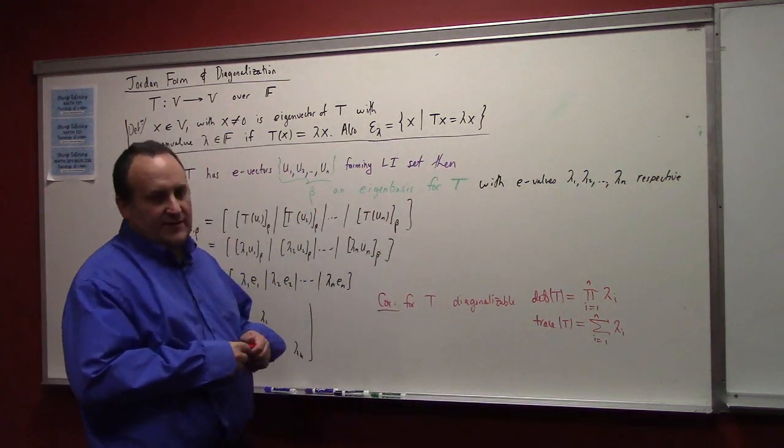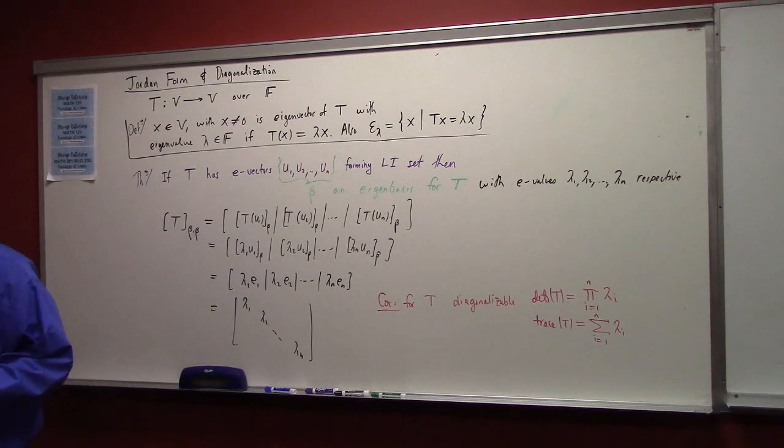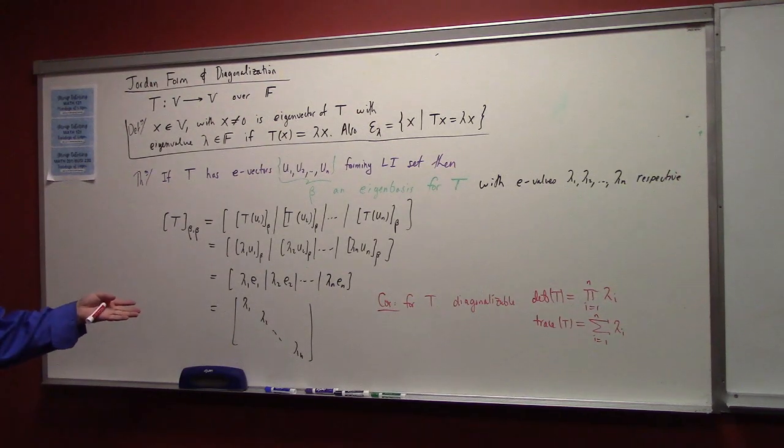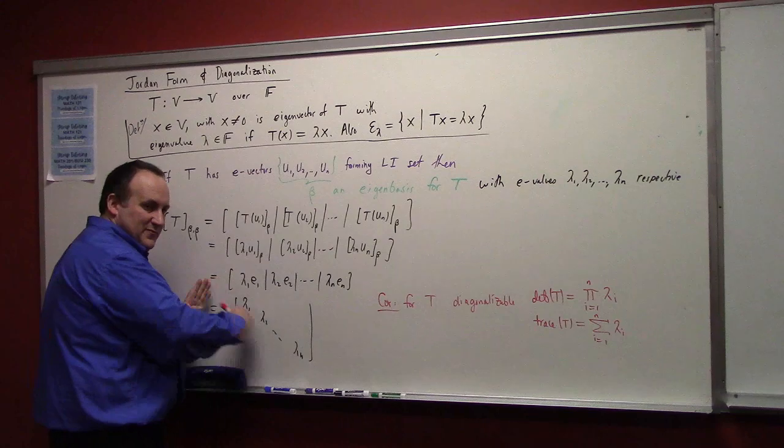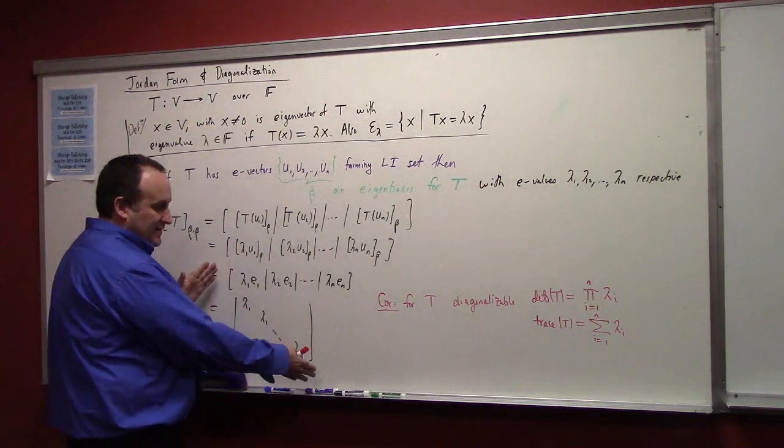So the determinant is the product of the eigenvalues, and the trace is the sum. That's immediate from the form of the matrix in the eigenbasis. Do you see why? What's the determinant of this matrix? It's the product. What's the trace? The sum.